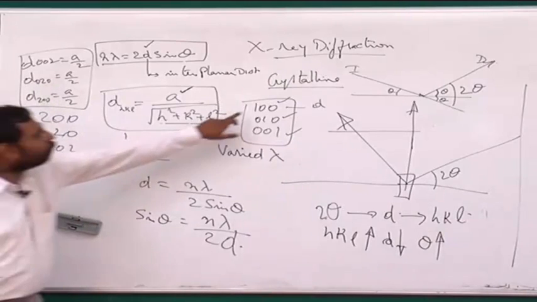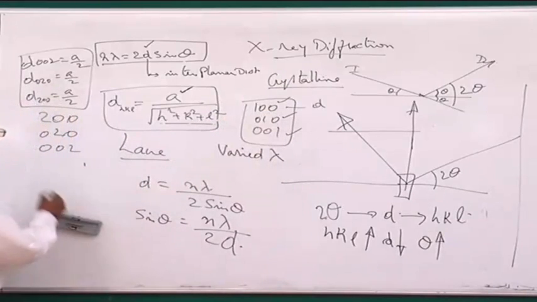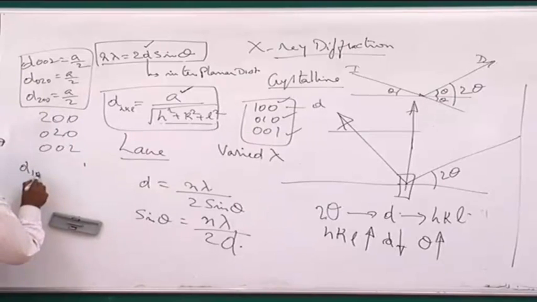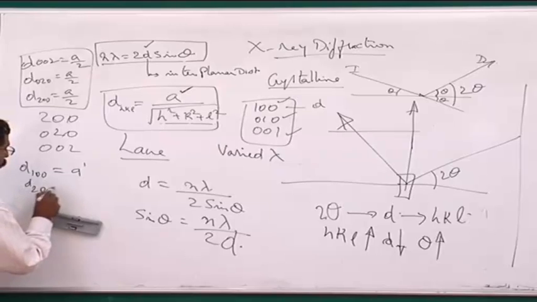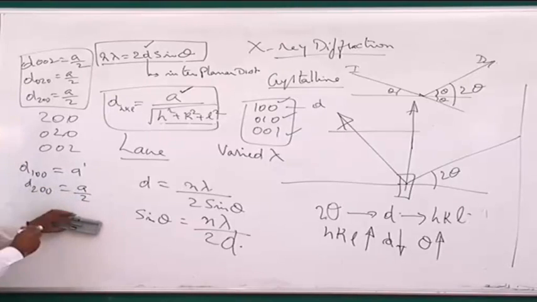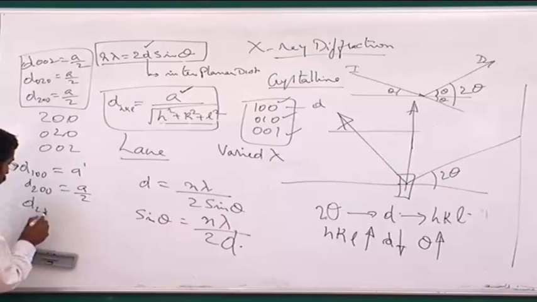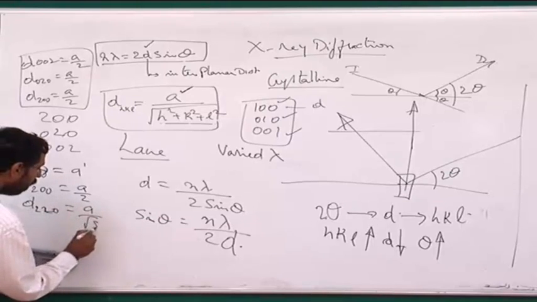If I have chosen 100, then the d of 100 was a. d of 200 was a by 2. d of 220 was a by root 8.